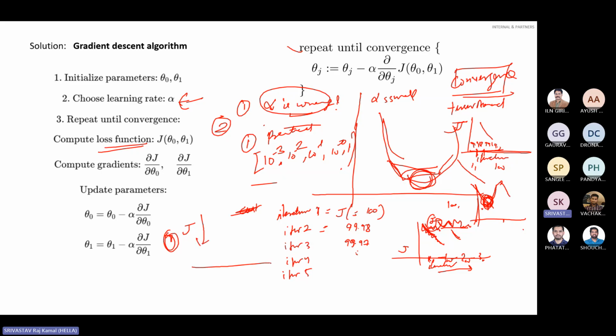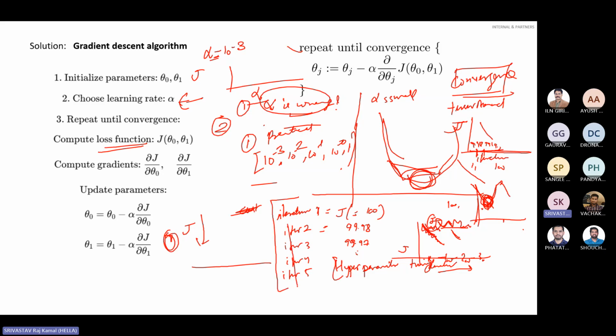There is also the term alpha. When I choose alpha as 10 to the power minus 3, I also plot the values of alpha and J. In general, I need to see the flow of cost function with respect to alpha. There is a concept known as hyperparameter tuning that I will not go into much detail here.